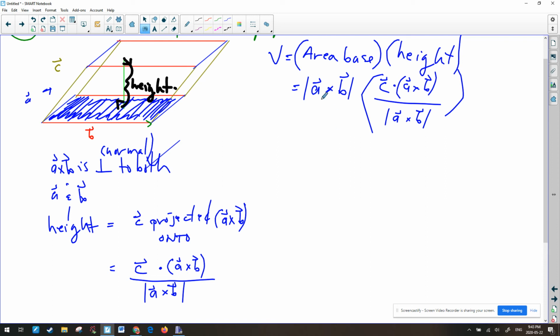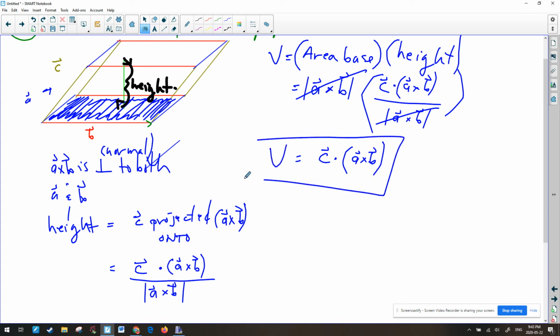Now, look what we've got. This goes away with this, and we are left with C dotted with A cross B. And that is the volume of a parallelepiped.